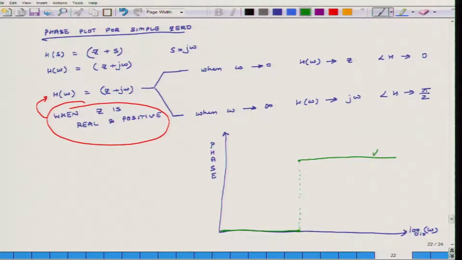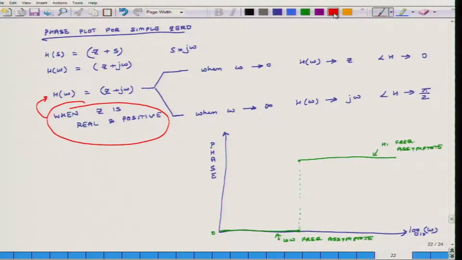So, that is my high frequency asymptote, this is my low frequency asymptote, and my 0 is here.